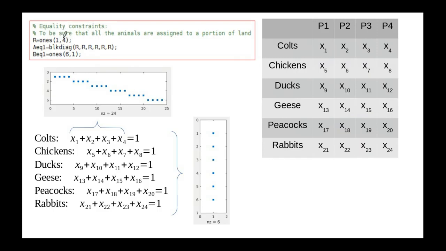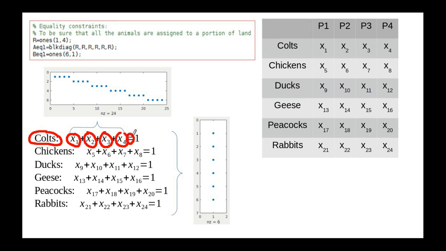What about the equality constraints? To be sure that all the animals are assigned to a portion of land, we will do the following. Pay attention. Here we have the equation for the cows. That means cows in portion number 1, cows in number 2, cows in 3, cows in 4.